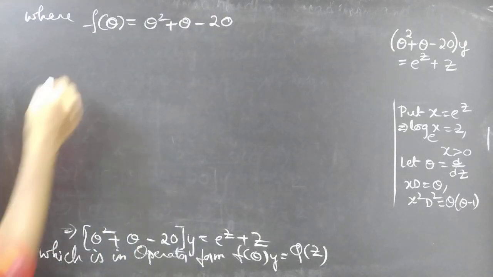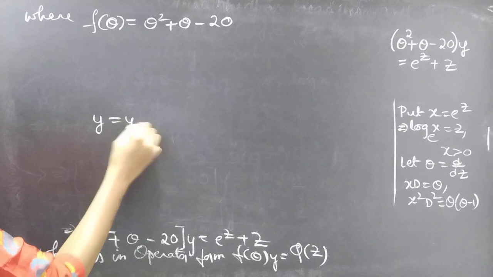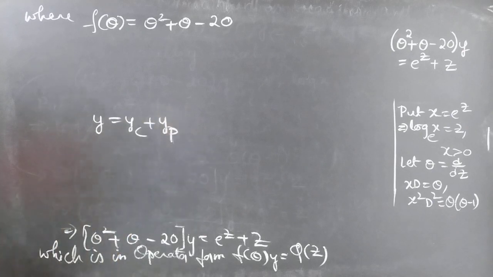Now we need to find the general solution to the given equation, which is given by y equals yc plus yp. Now we need to find yc and yp. Firstly, we will find yc using the auxiliary equation.